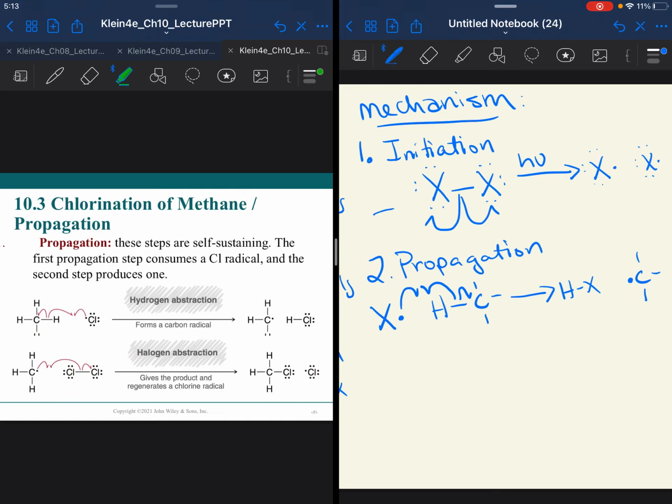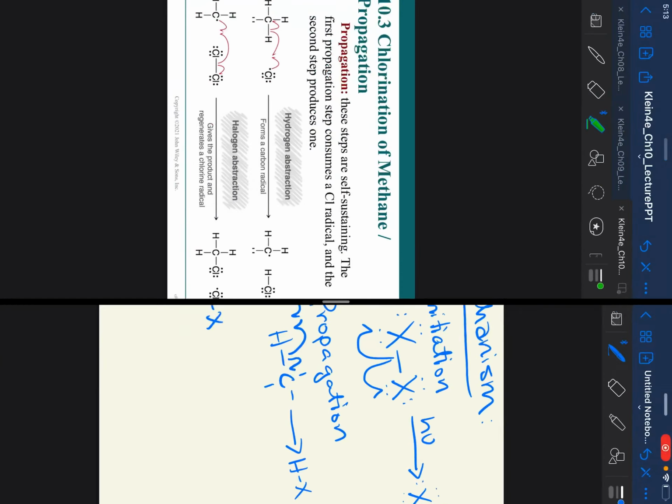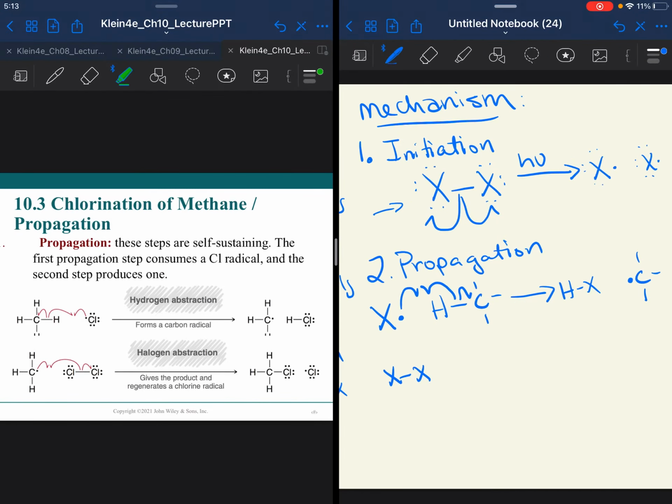So we had X2, but there's a lot of reasons here why you're still going to have X2 in your reaction mixture. Not all of it was initiated, not all of it cleaved. Sometimes the two radicals find each other and reform. There's different reasons, but you're going to still have X2 in that solution.